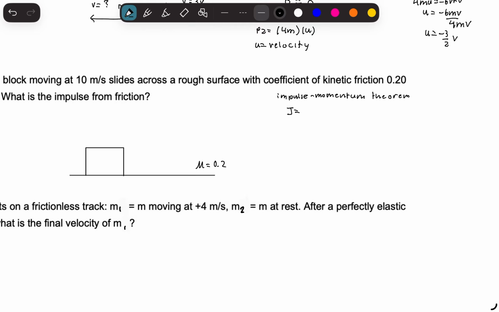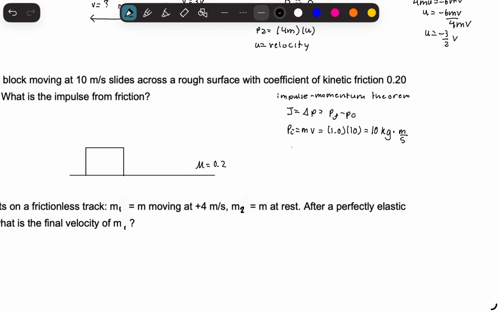So impulse is equal to the change in momentum, which is P final minus P initial. Our initial momentum is equal to mass times velocity, which is a mass of 1.0 times a velocity of 10. So that will give you 10 kilograms times meters per second. You multiply the units of each of those respective values.